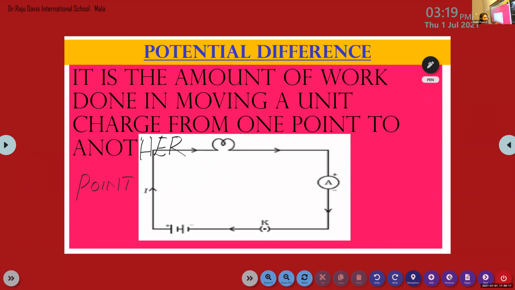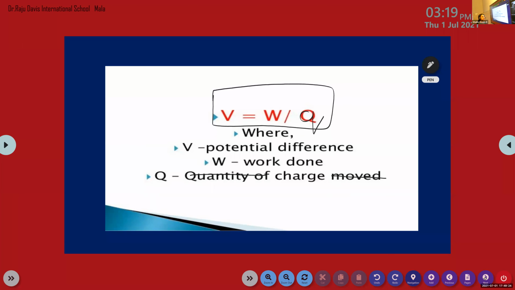We know that the atom consists of different particles like protons, neutrons and electrons, and these particles possess their own charges. The charge possessed by the electron is a constant. Its value is 1.6 into 10 raised to minus 19 coulomb. And here this Q represents charge, simply the charge, and its SI unit is coulomb.